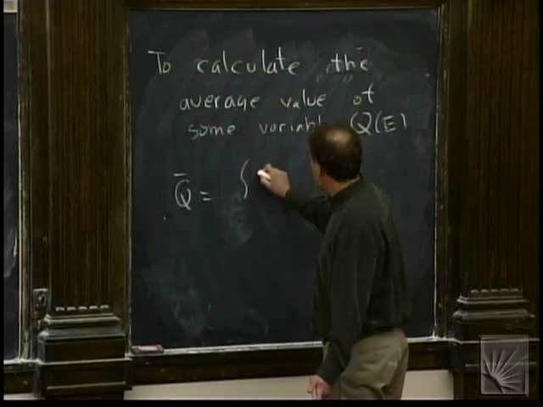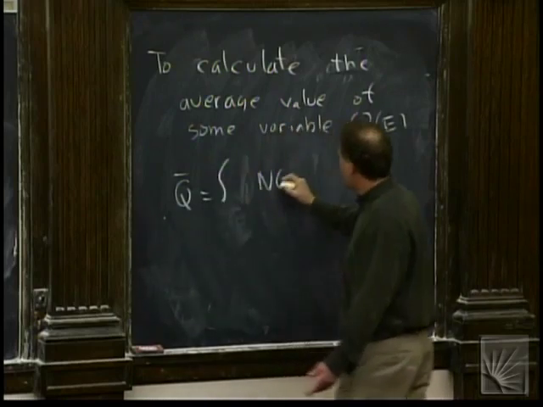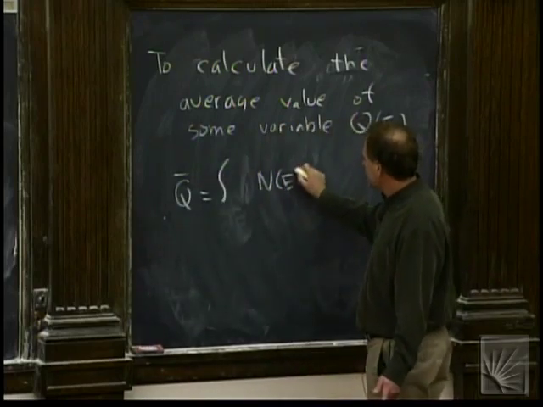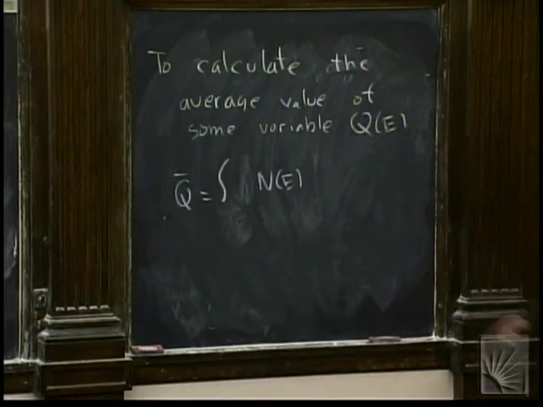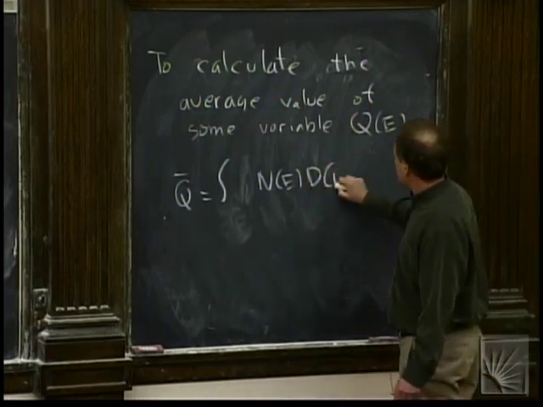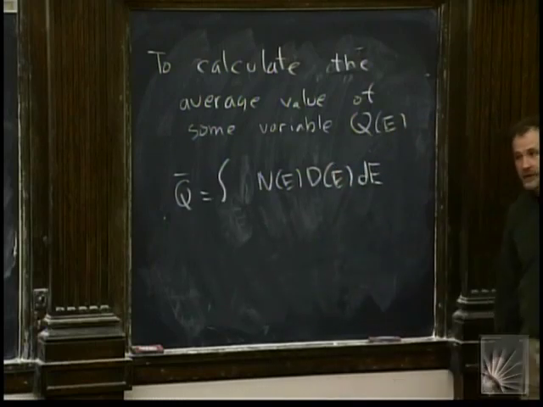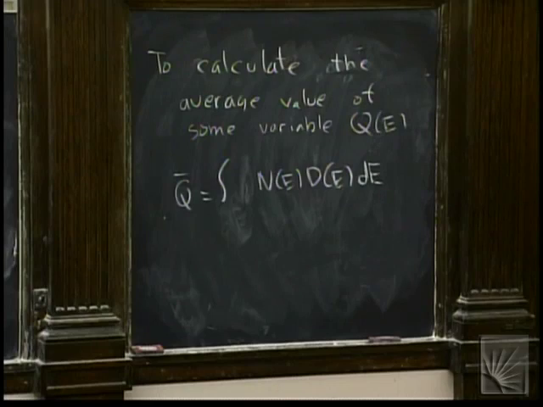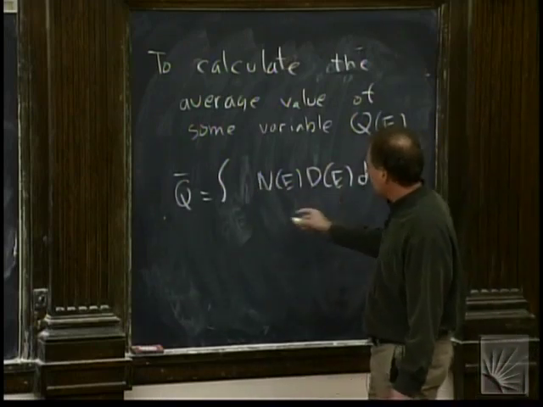I'll want to write down the number of particles, the occupation number, the average number of particles that have an energy E, times the density of states times dE, which is the number of particles in a range of energies around that energy. And then that's a probability.